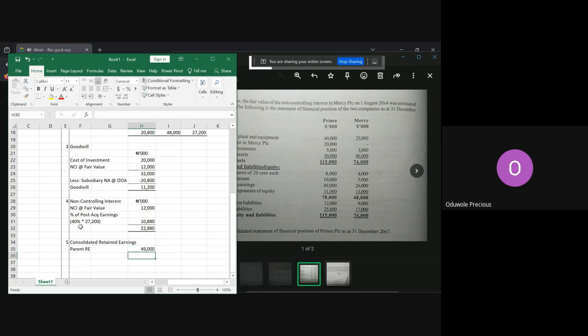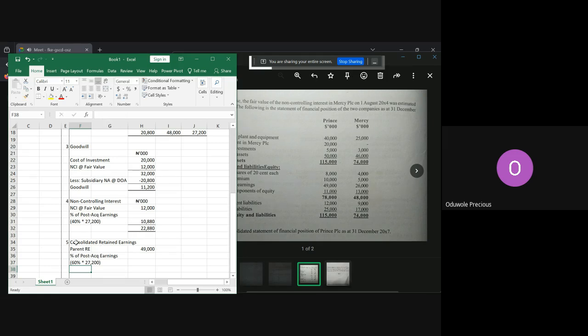Then you now say percentage of post acquisition earnings also. But in this case, it can be in two ways. This one will not be 60%, but let me explain something.